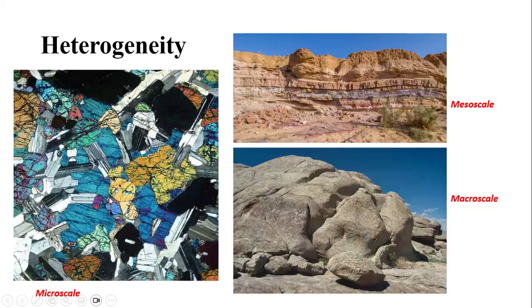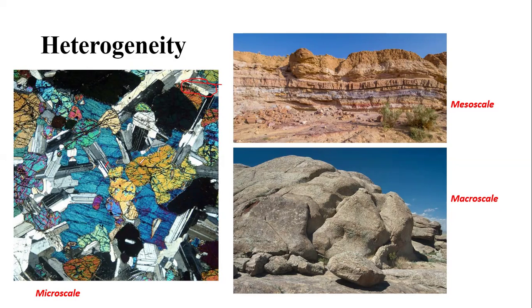Let's check this heterogeneity at the micro scale. You can see we've zoomed into that particular thin section. We see different minerals: the plagioclase, the Carlsbad twinning here, the orthoclase, I think it's plagioclase with the olivine, and many other things, clinopyroxenes.